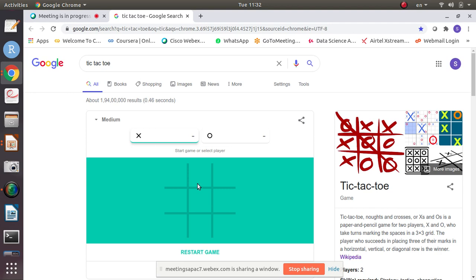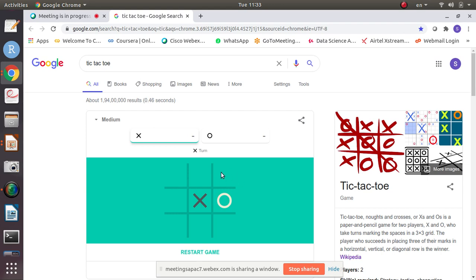So I am the one player, and the other player, my opponent, is the computer. And currently, I have selected cross as my symbol. So naturally, O becomes the symbol for the computer. I am free to select any of the 9 cells. So let me select the central one. Later, we'll see why this is more preferred as the first step. Okay, the moment I press this, computer came up with an O here.